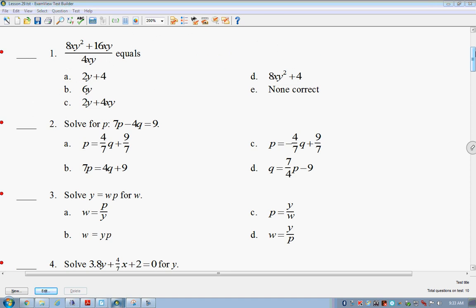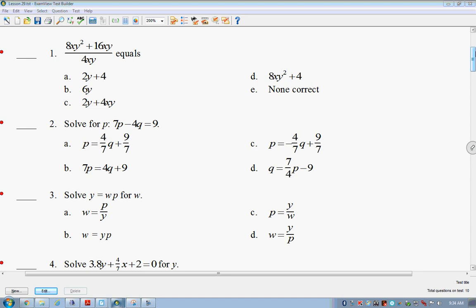Okay, let's look at number 2. It says solve for p. We have 7p minus 4q equals 9. We want to solve for p. If we're solving for a variable, that means I have to isolate that variable. Isolating means to move everything else to the other side.